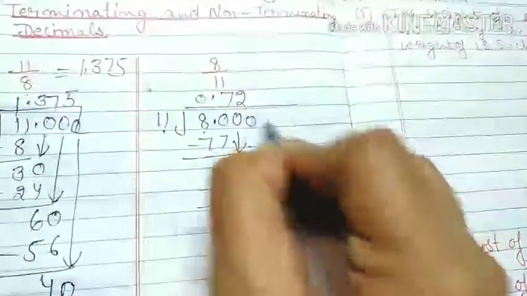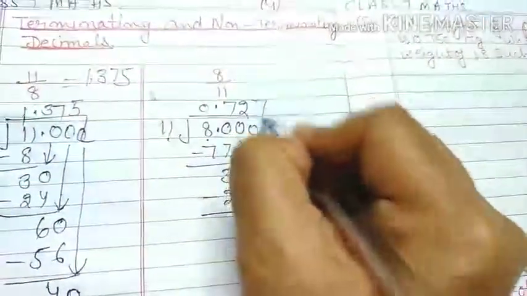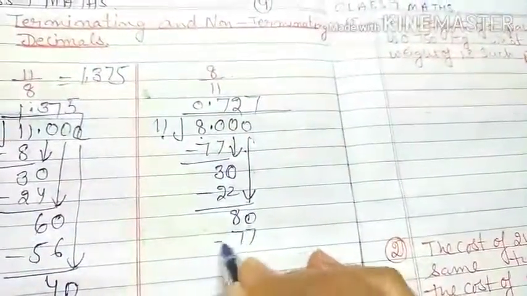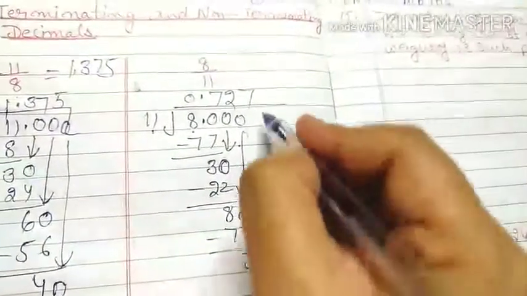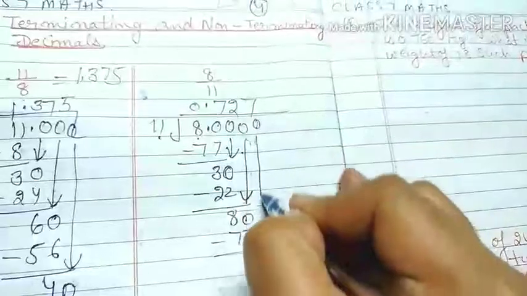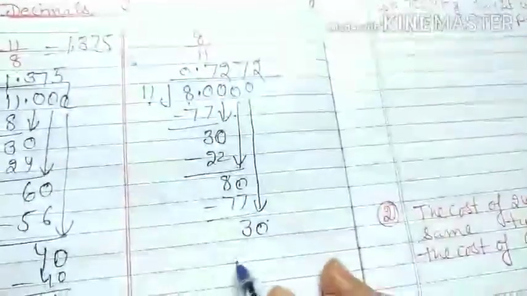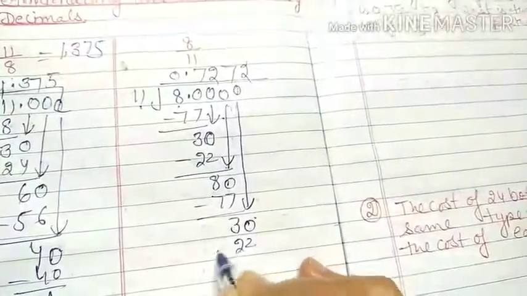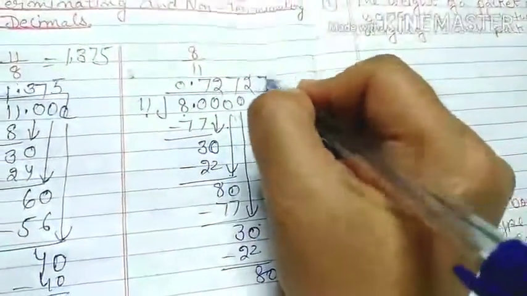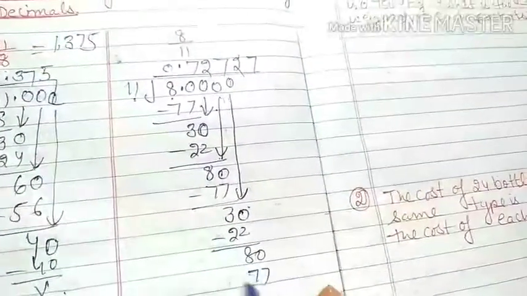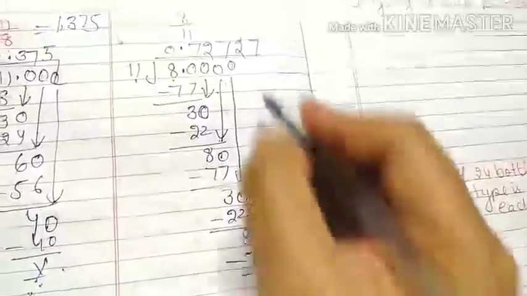Now I take one more 0, carry downward, so that gives me 7, again 3, and again I take 0 downward, so that goes on again 2, that gives me again 80, then it goes 7, 77, 3, again 30.